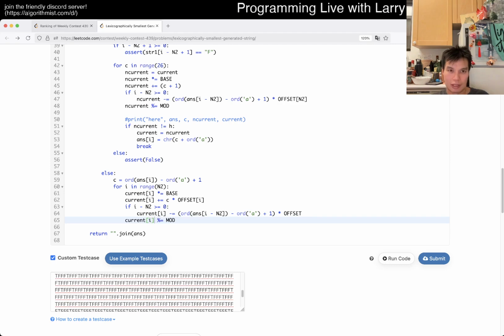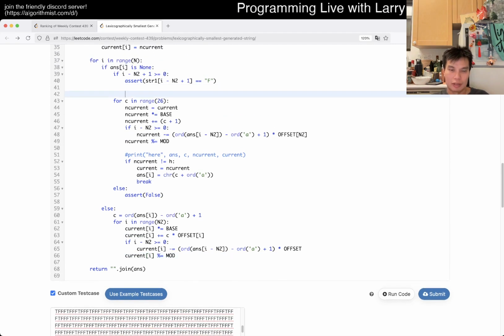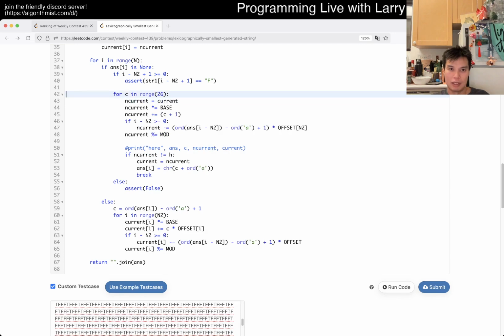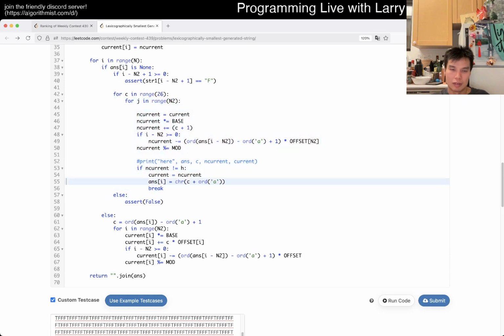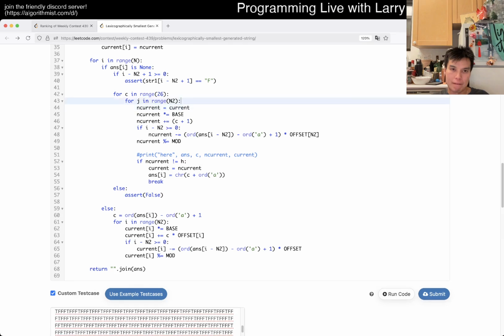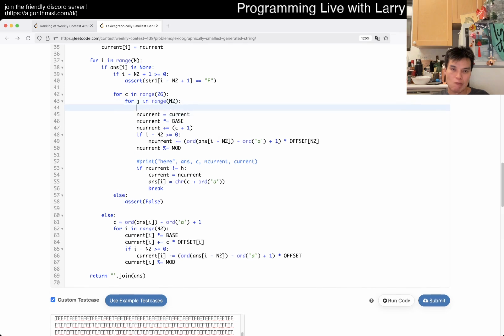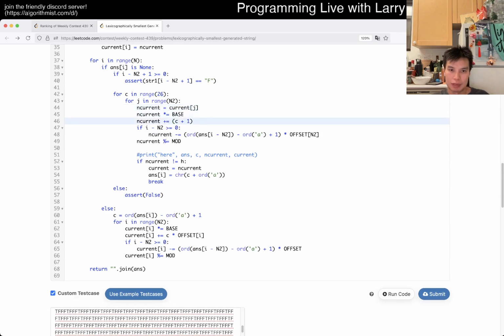And now here, this part is still fine, but now we want to do this part. We want to say j, right? Times offset sub i.